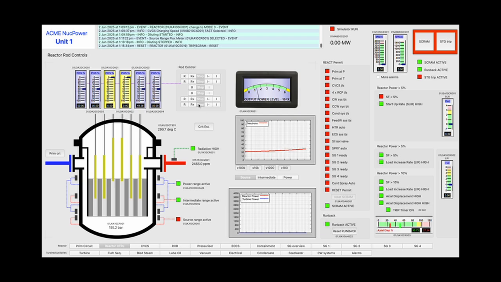Continue to retract control rod 1 and stop it at the 25% position. Continue to retract control rod 3 and stop it at the 25% position.